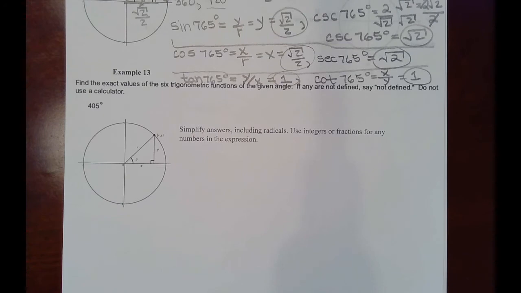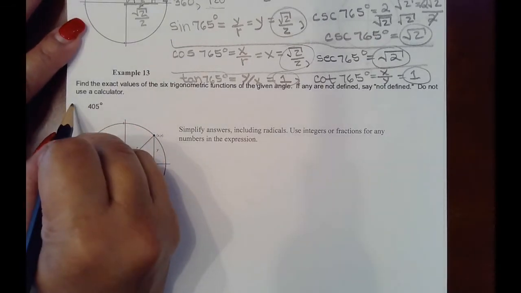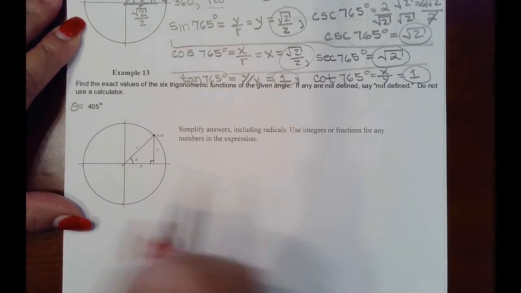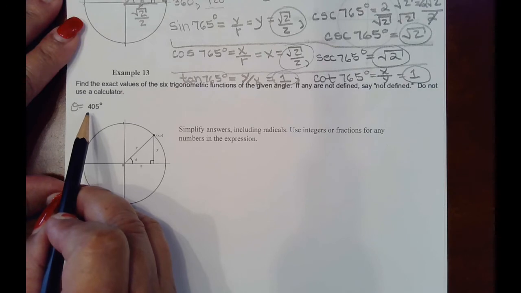Okay, in number 13, this one says find the exact values of the 6 trig functions of the given angle. This time we are rotating to 405. So if you're rotating to 405, you may want to judge that based on 360.